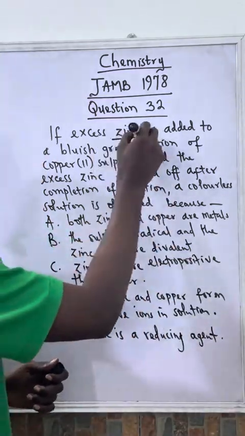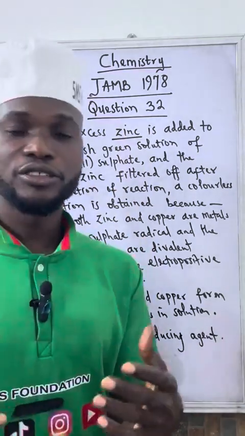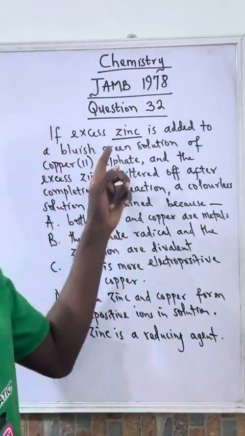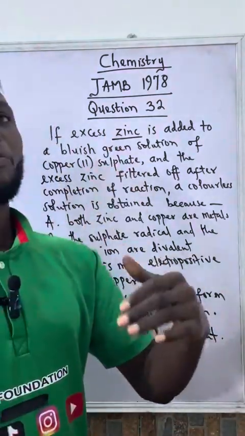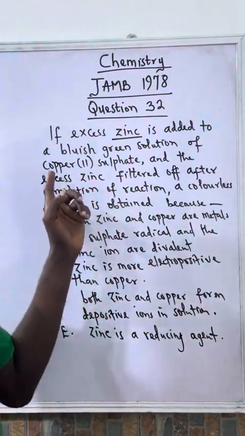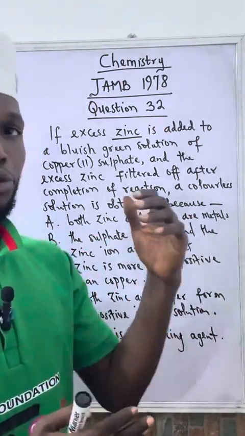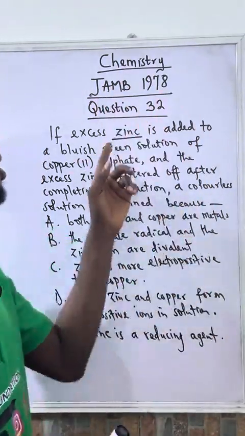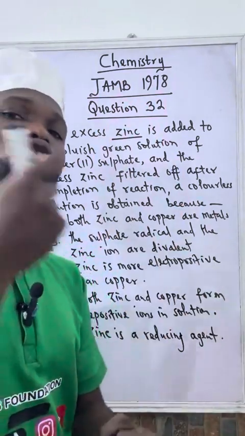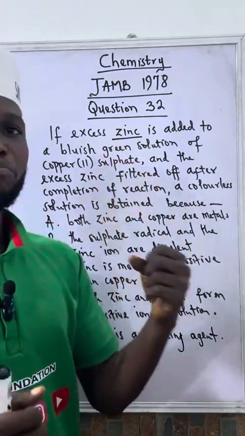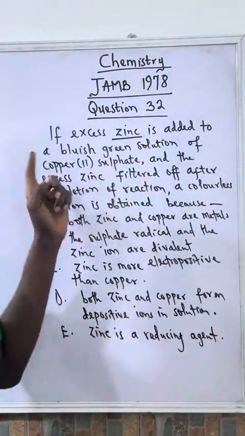If you go by the electrochemical series, or the reactivity series, zinc is more reactive than copper because zinc is above copper in the electrochemical series, meaning that zinc is more electropositive than copper. It means zinc is more reactive than copper.